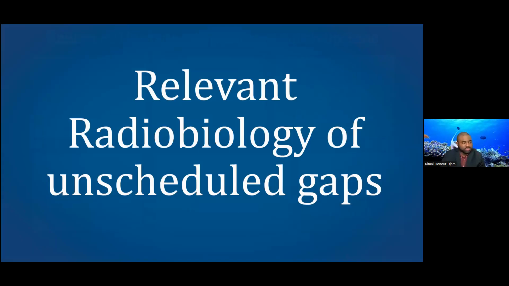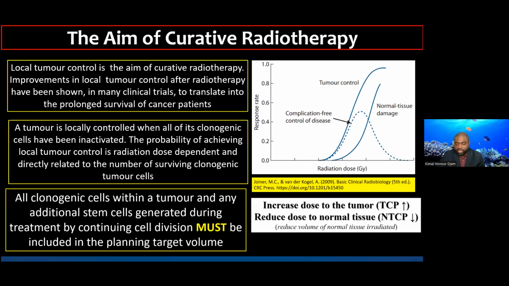Now, in the first part of this presentation, we'll look at the relevant radiobiology of unscheduled gaps in radiation therapy. What we need to keep in mind is that local tumor control essentially is the main objective for curative radiation therapy. This means that improvements in local control after radiation therapy have been shown in many clinical trials to translate into prolonged survival of cancer patients.